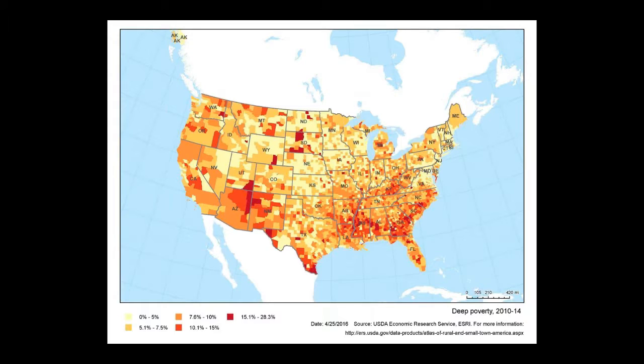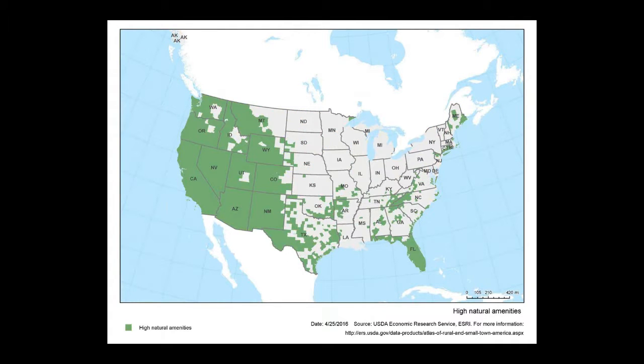A couple more slides, issues that might be facing us in terms of rural areas in the U.S. This slide identifies deep poverty levels over time from 2010 to 2014. This next slide talks about high natural amenities as defined by the USDA ERS in their work here.